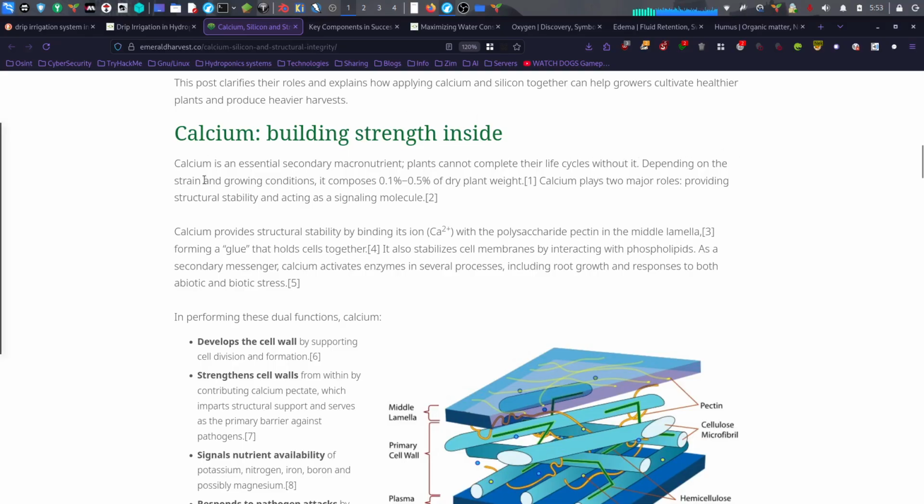Depending on the strain and growing conditions, it composes 0.1% to 0.5% of dry plant weight.